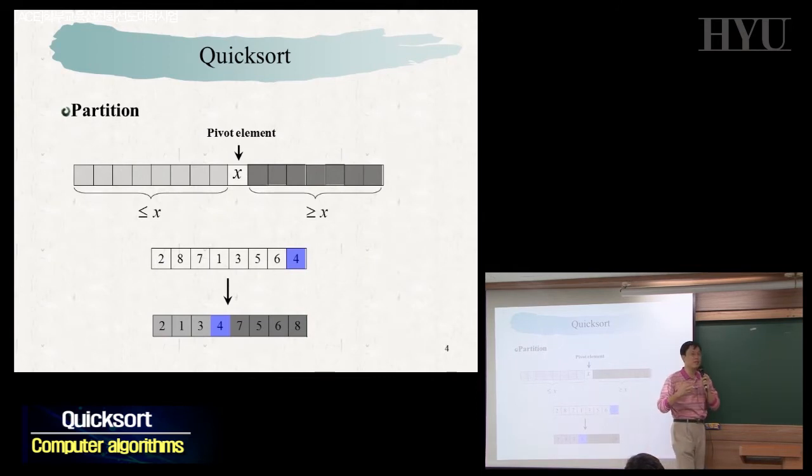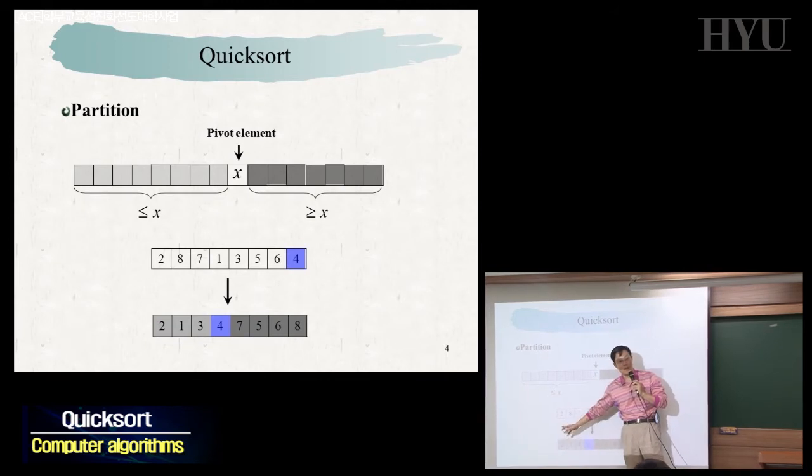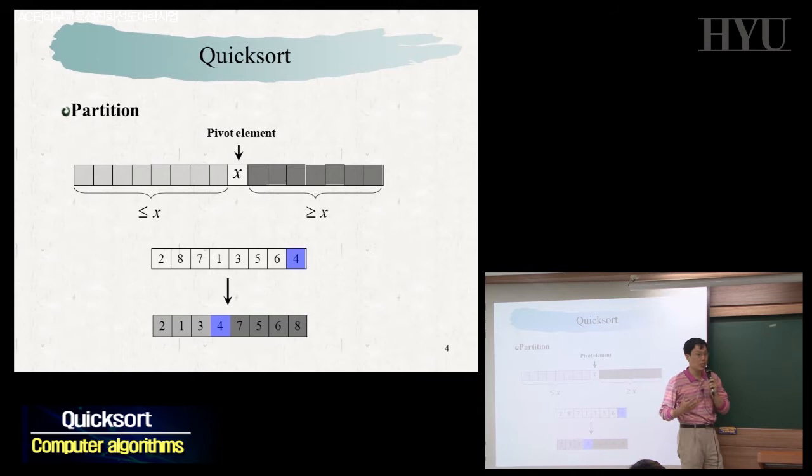Let's consider a simple situation. There is no more 4 in this partition, so every element is different. Then all the smaller elements are in the left partition and all the larger elements are in the right partition. What is your simplest solution to this problem?